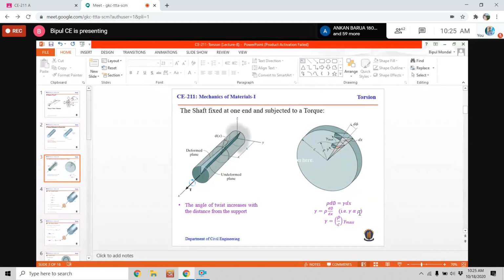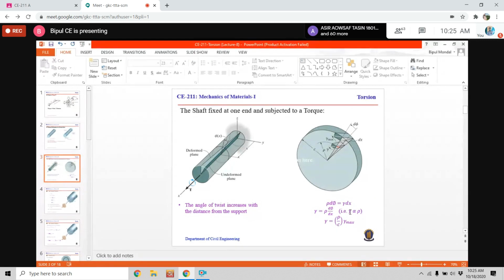Boundary condition means that if we know the value of rho, we also know the value of gamma at that point. That means two variables are known at a certain location.